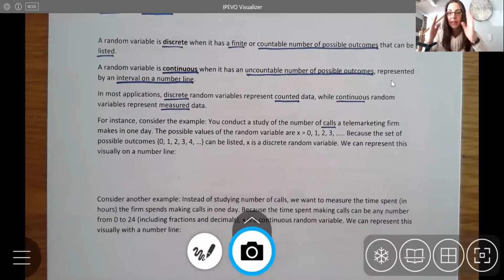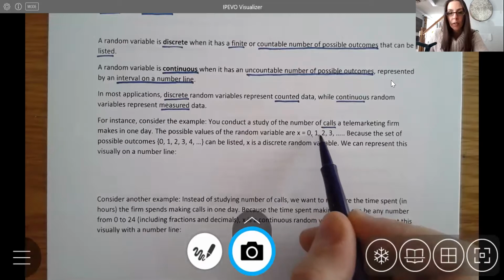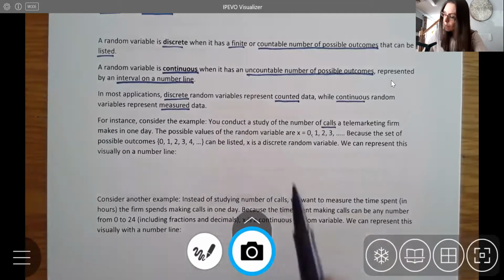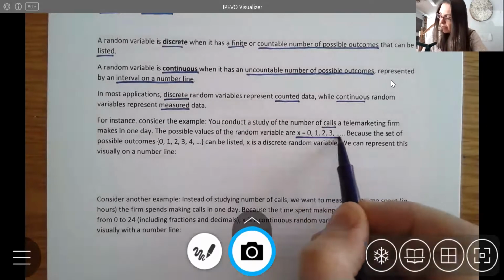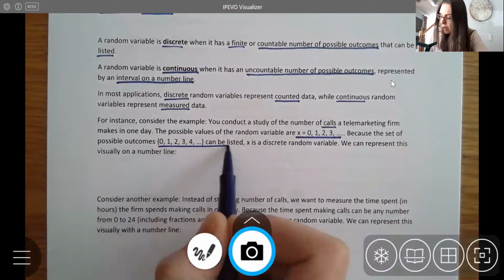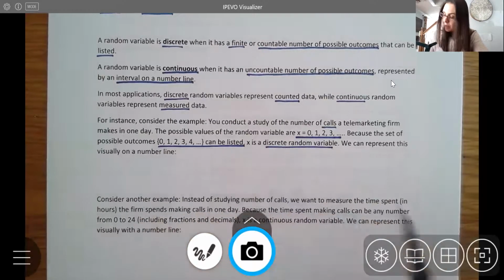But our only options in this particular case are whole calls. We're not going to do half a call or a quarter of a call. That doesn't make sense. So even though our numbers could keep going on forever here, we can still list them and show that pattern. They're countable. So these are our possible variables. Because we can actually list the set of outcomes, this is a discrete random variable.